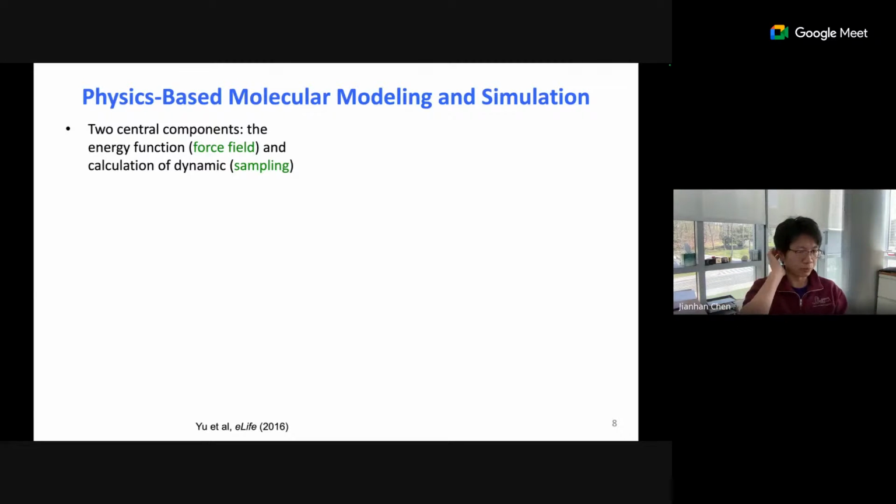So that's the force field. And then the other component in molecular modeling and simulation is referred to as sampling, right? We need a calculation of the dynamic trajectory. We need to be able to sample all the different ways that this chemical system or molecule can organize itself. So these are the two key components.